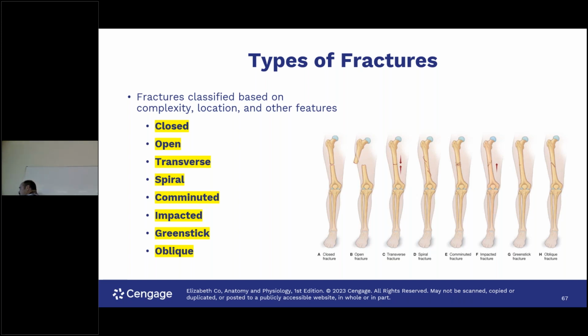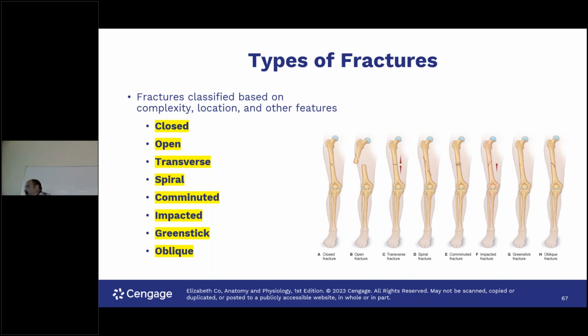Transverse fracture, and you'll see a spiral fracture. We can see spiral fractures in child abuse cases where a child's arm is grabbed, and it's terrible stuff, but we can see that. Comminuted, you'll see there's really some destruction of bone.